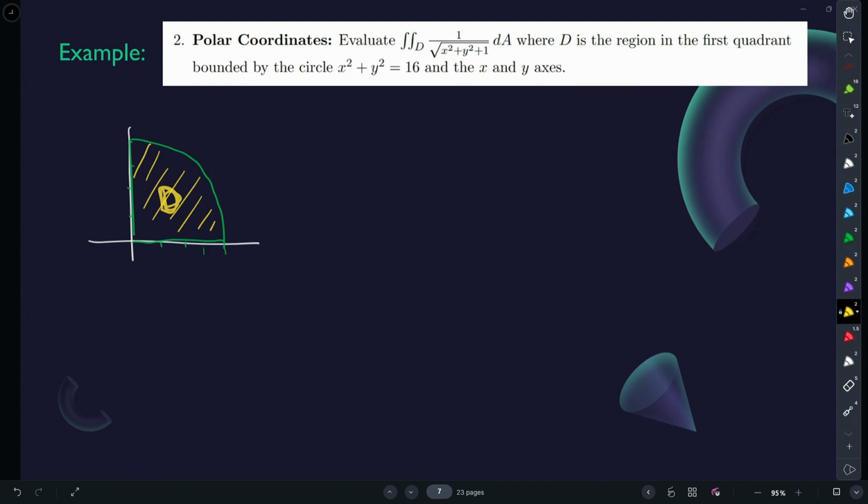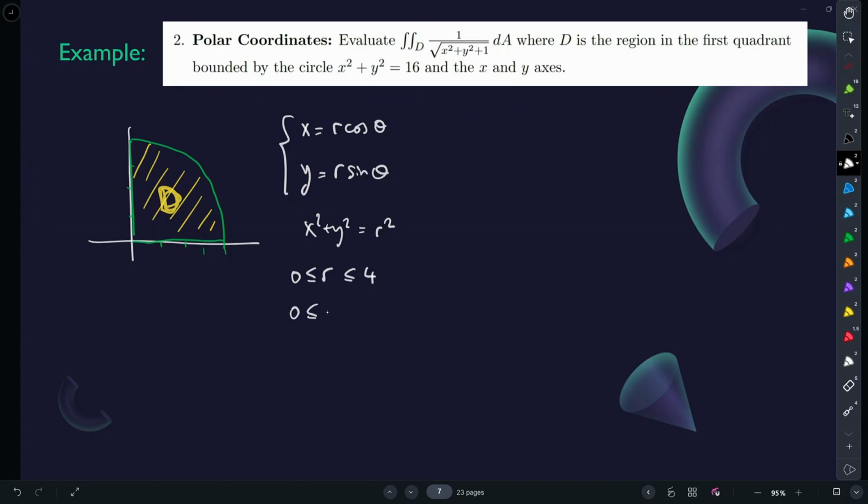So now I need to figure out what are going to be my change of variables. x is r cosine theta, y is r sine theta, x squared plus y squared equals r squared. The radius here goes up to 4, so the radius can go up to 4.